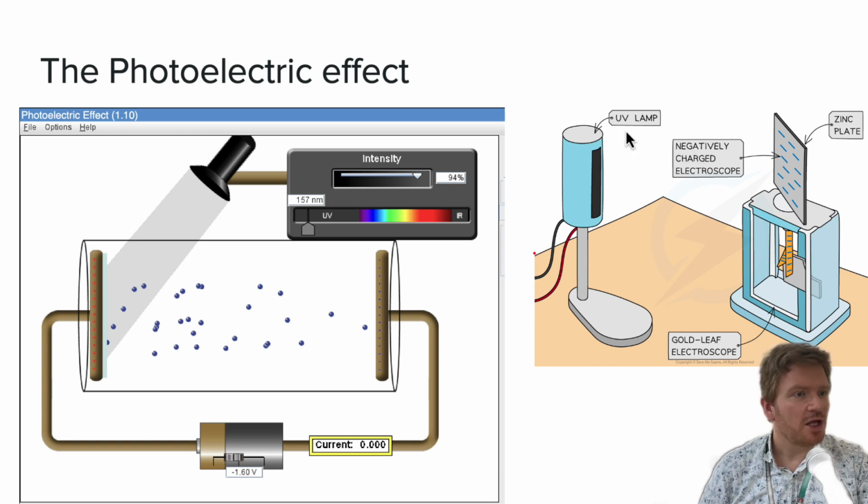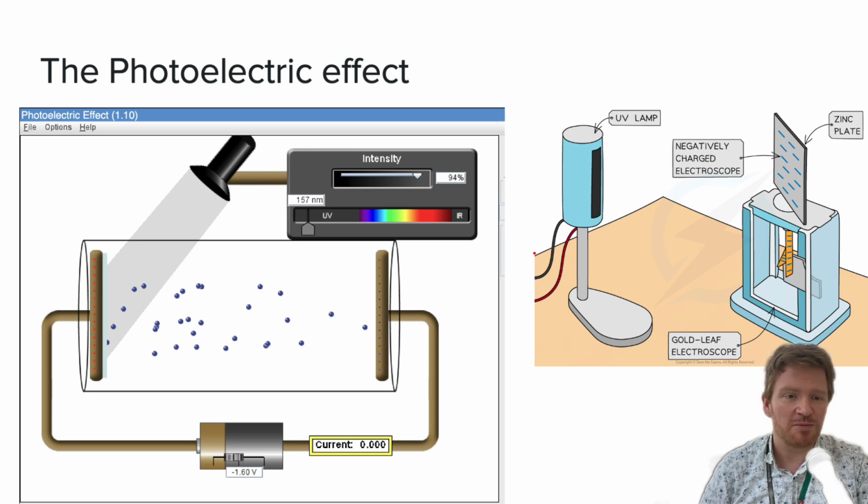Here we are. So this is one that can be done in some physics classrooms. What we get is a charged gold leaf electroscope, like you've seen before, and because it's charged, the gold stands up from the plate. Then we get a large zinc plate, and we'll talk about why it has to be zinc.